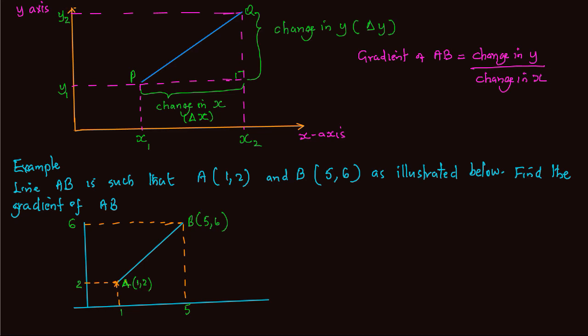In other words, gradient is equal to the change in vertical axis divided by change in horizontal axis.